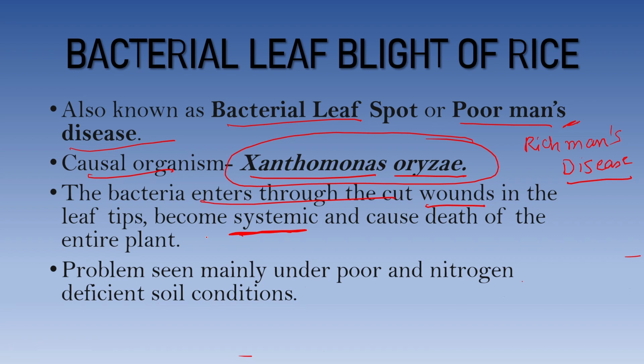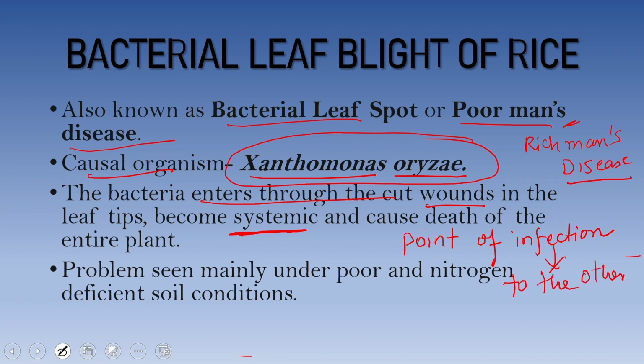We call a disease systemic when the disease spreads from the point of infection to the other parts or organs of the plant and causes death of that organ or plant, and as a whole the plant dies slowly due to the failure of different organs or parts.